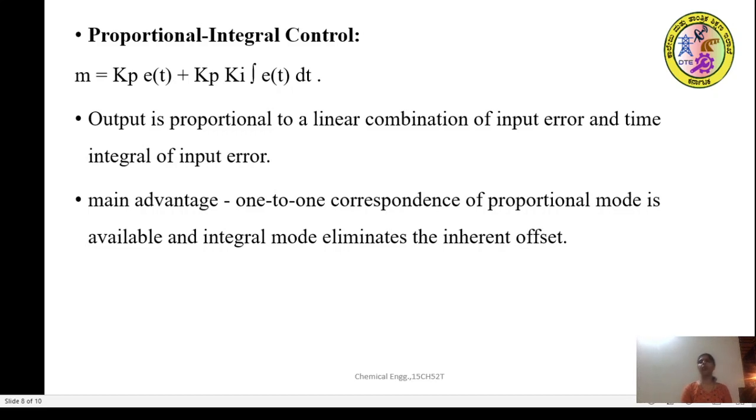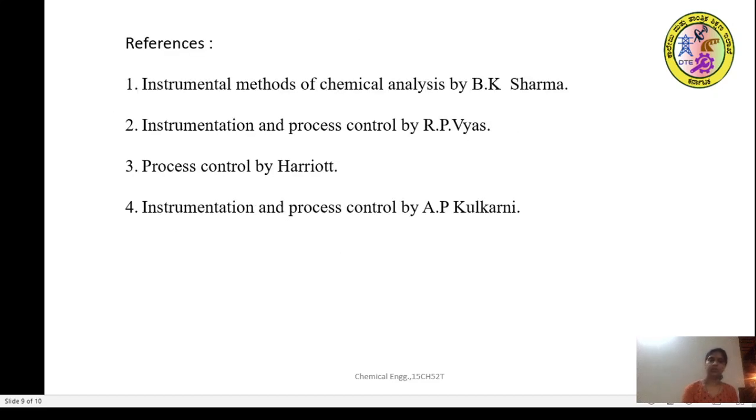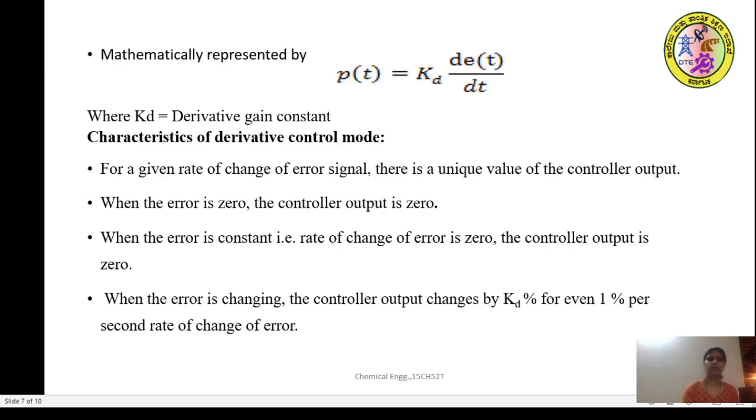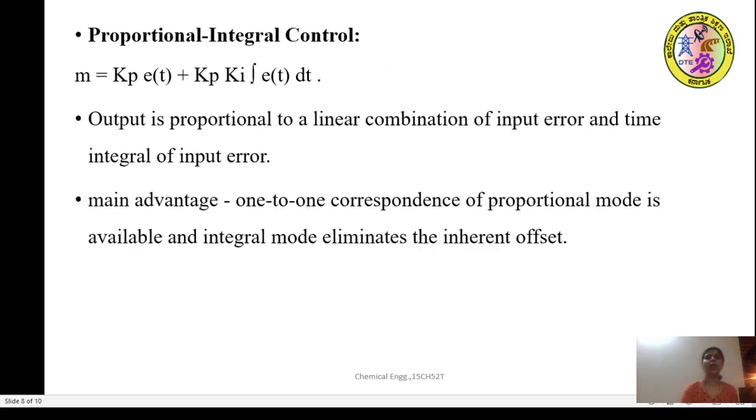Whatever offset is obtained, which cannot be removed by the proportional mode of control action, can be removed by the integral control mode in combination with the proportional mode. So it is a combination of the two. The output is proportional to a linear combination of the input error and the time integral of the input error. This is the basic principle of using the proportional integral mode of control action in any controller.